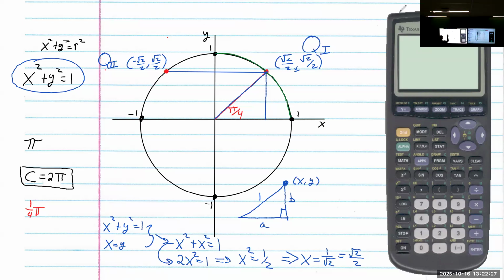I think there is a spot down here which is the same, but it'll have a different sign. This would be negative root 2 over 2, negative root 2 over 2.